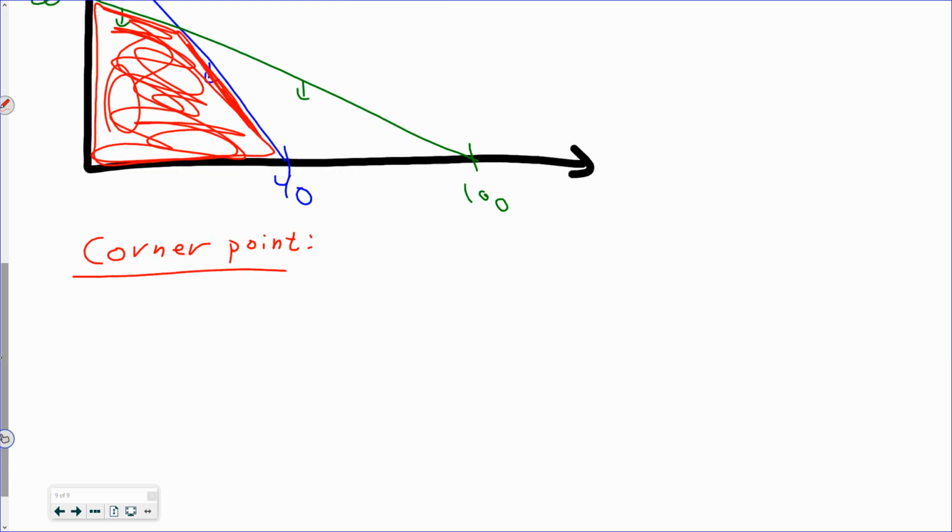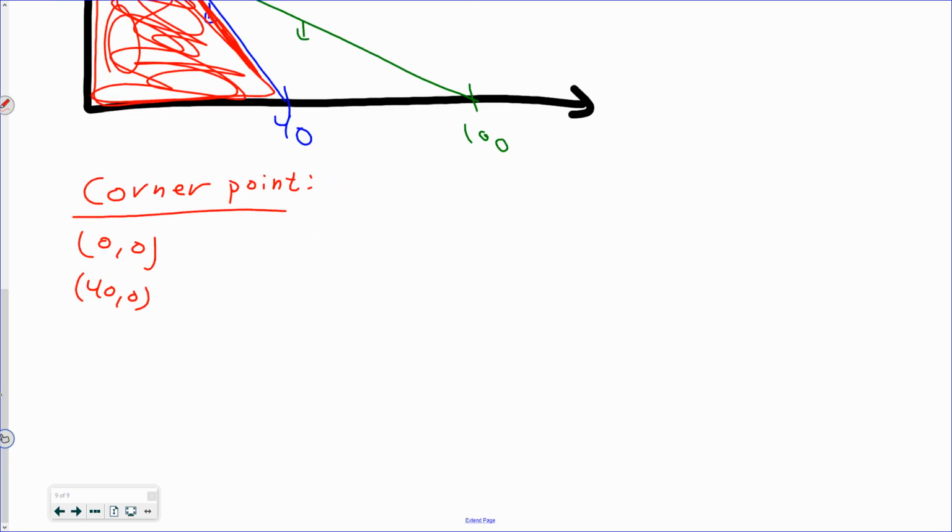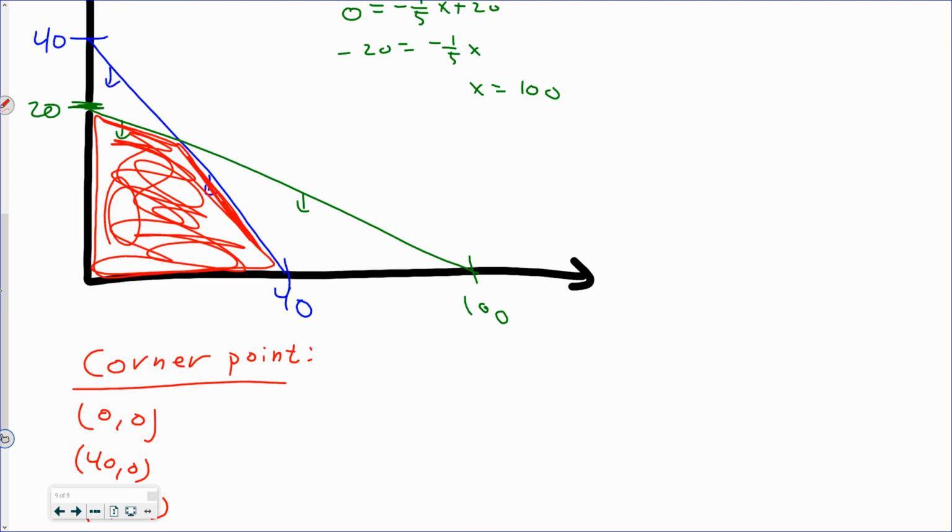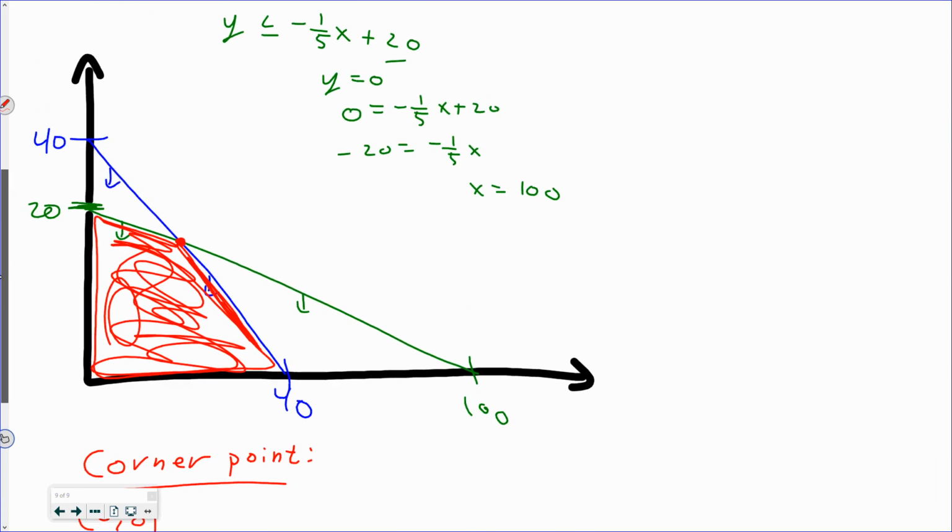So technically what I have is 0, 0, 40, 0, 20, 0, or sorry, 0, 20. And whatever this point right there is going to be. Everyone with me? I need to figure out this point right here, the intersection of the two lines. And also, well, let's go figure that out.